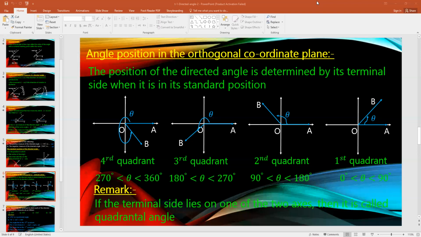For example, the angle whose measure is 60 in the standard position is equivalent to the angles of measure 120, 240, 300, or 420. Here, to find any equivalent angle, I will add or subtract n times 360.